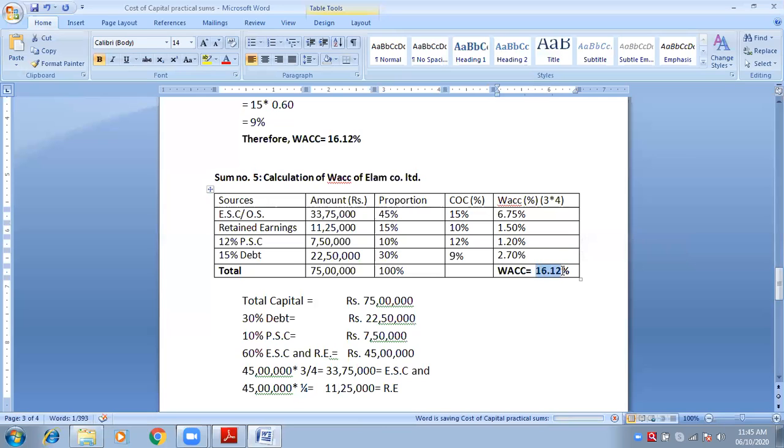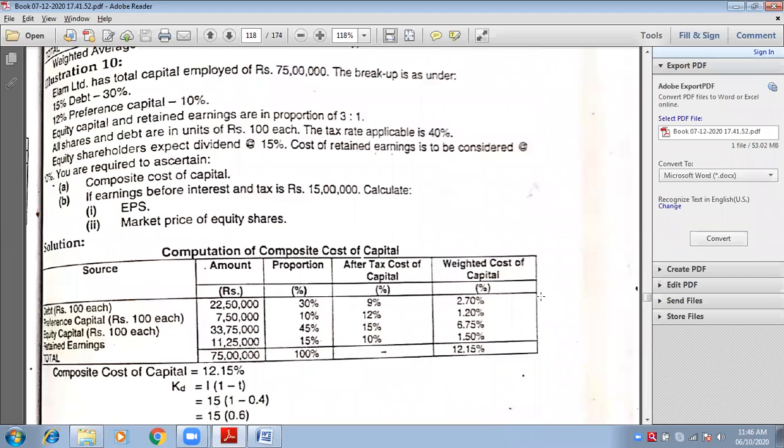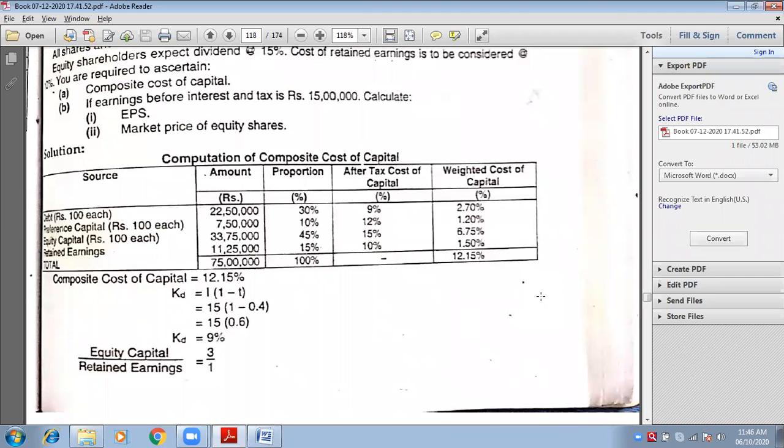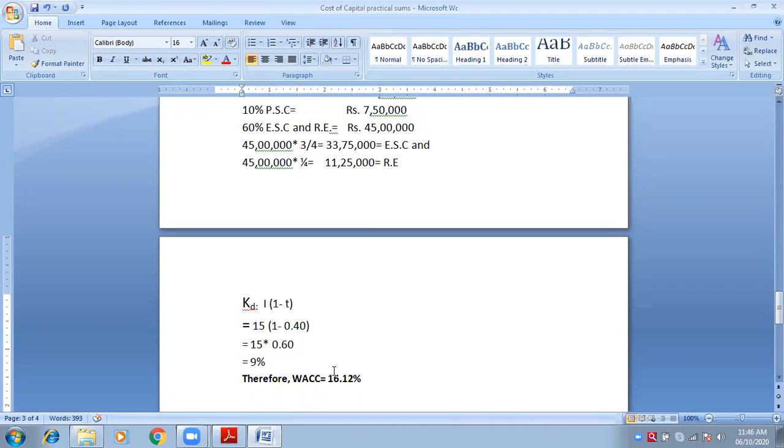Take your time, do it perfectly. Don't be in so much of a hurry that you do it wrong. 12.15%. Okay, let me check it. 12.15 is correct. Okay, so this 12.15 is my final WACC.